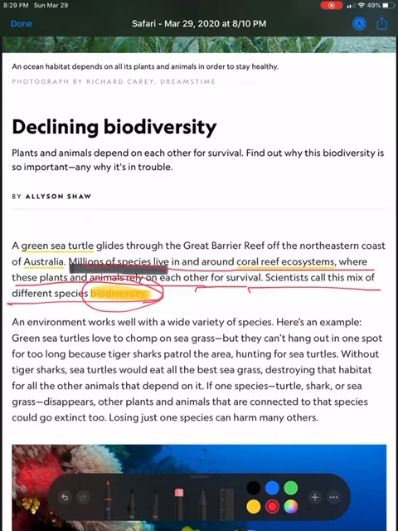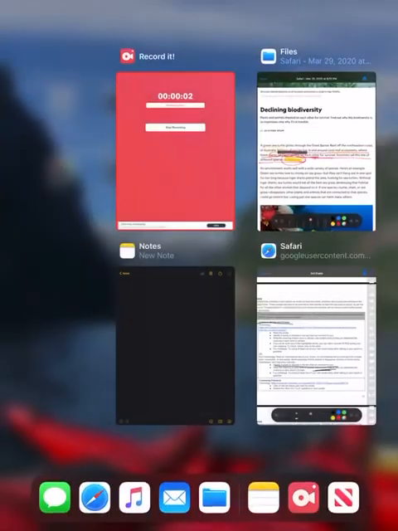So I know it talks about plants and animals and that they rely on each other for survival. So using that information, I'm going to write my word, which is biodiversity, and then make up my own definition for it.